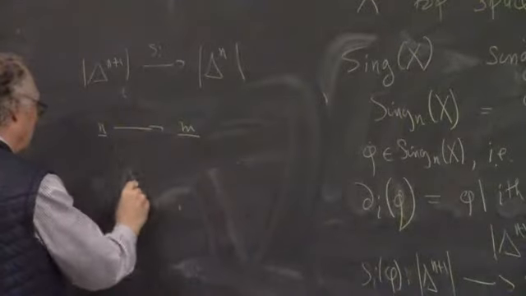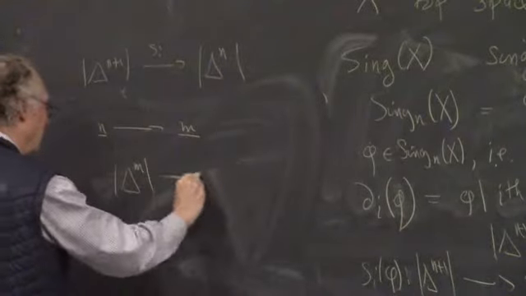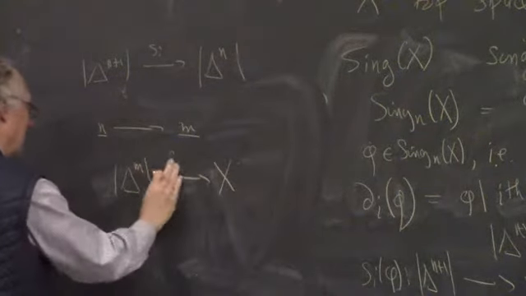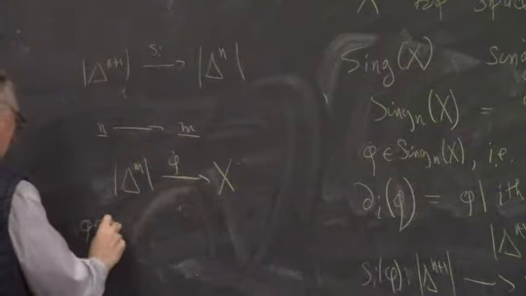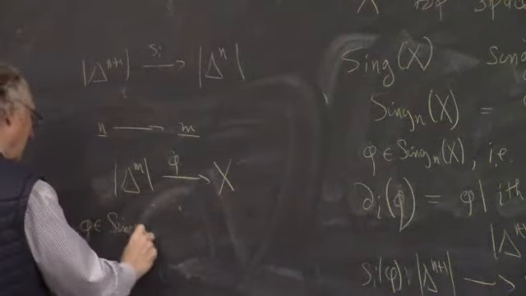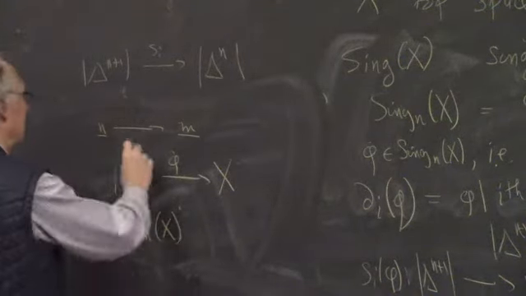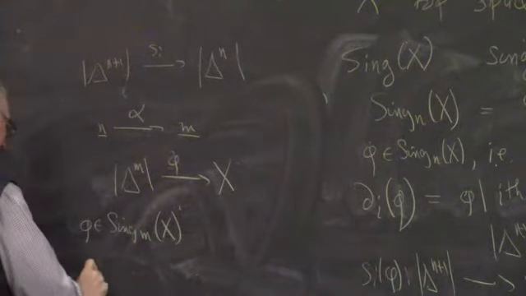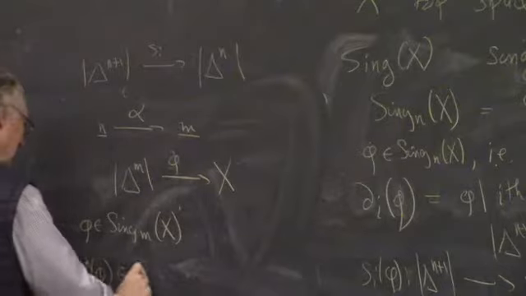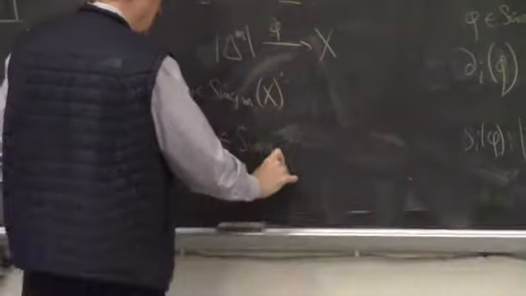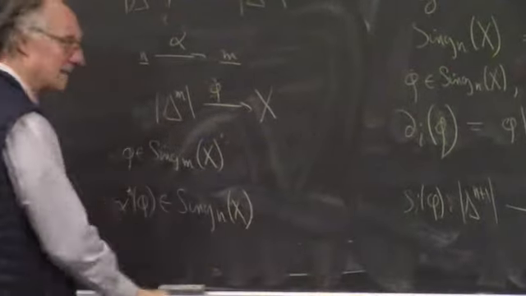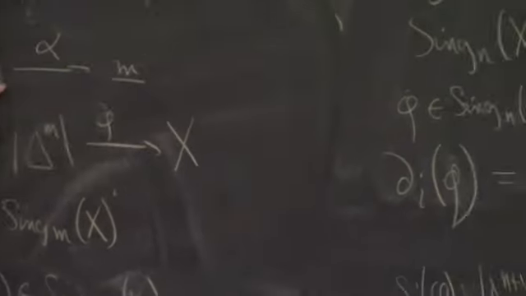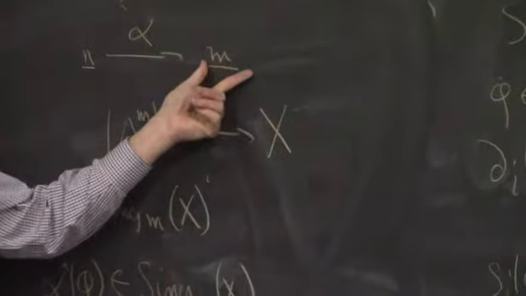And I have a continuous map, so phi is in sing m of X. I'm supposed to have some alpha star of phi in sing n of X. And what is it? Well, these are the vertices of the n simplex. These are the vertices of the m simplex.